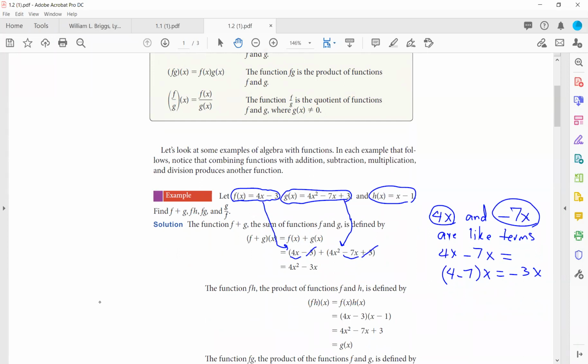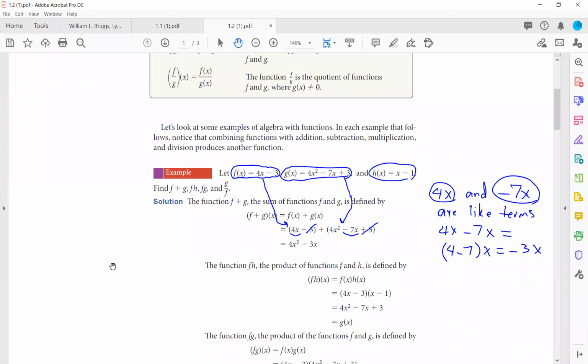Let us find the product between f and h. We take the definition of f, we take the definition of h, and we multiply them together. So f is defined as 4x minus 3 times, don't forget to use parentheses, h of x, which has two terms, x minus 1.